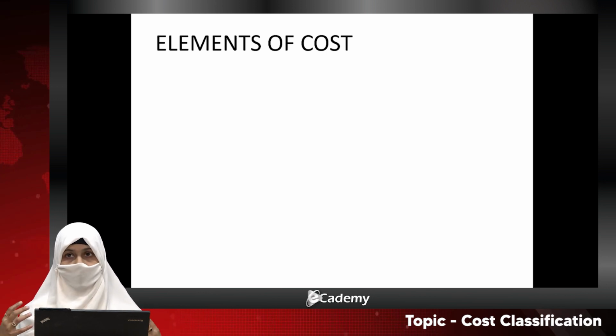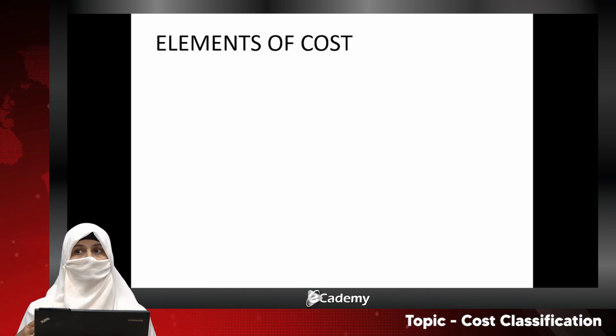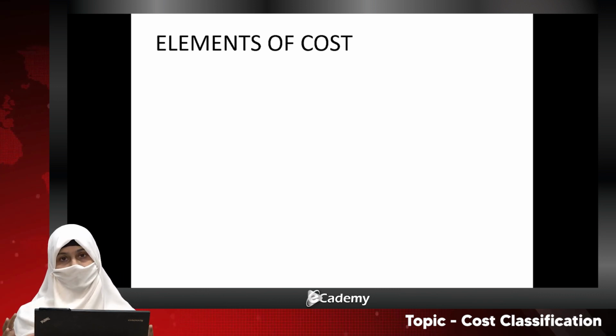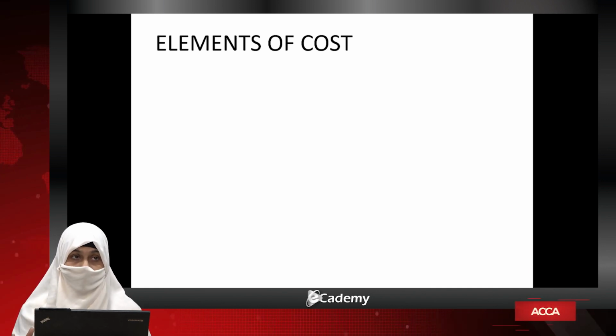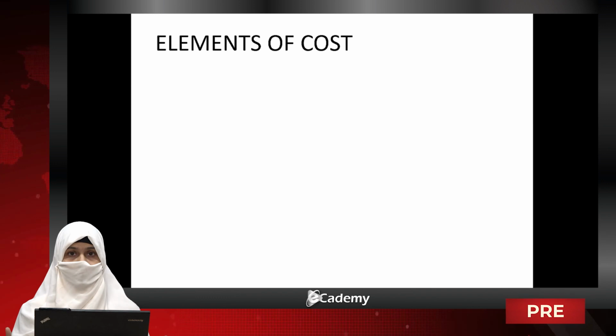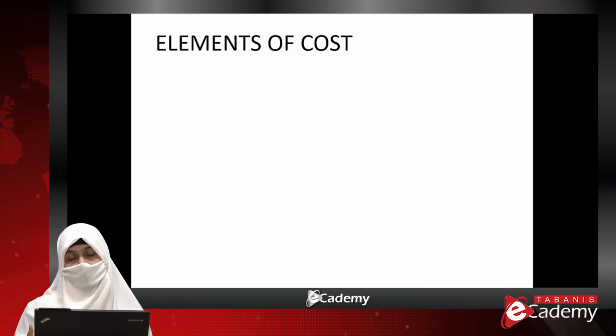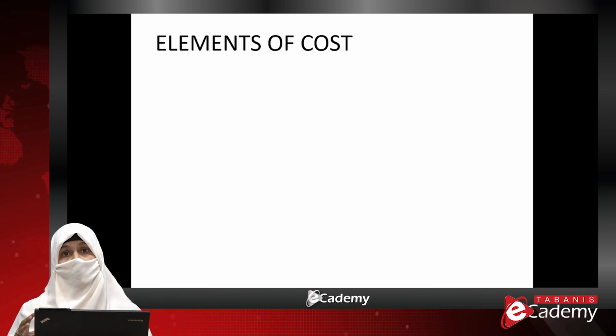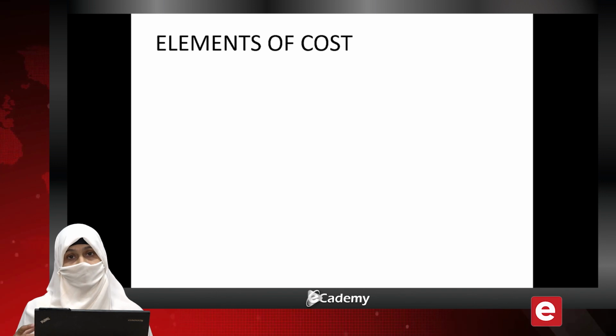For example, if I am carrying out my activities from a building that is on rented space, I have to pay rent expense to the landowner. But if I own that building, in that case my trial balance doesn't show the rent expense. So the point is, it's not necessary that all organizations will bear the same type of cost. There is variety in it.